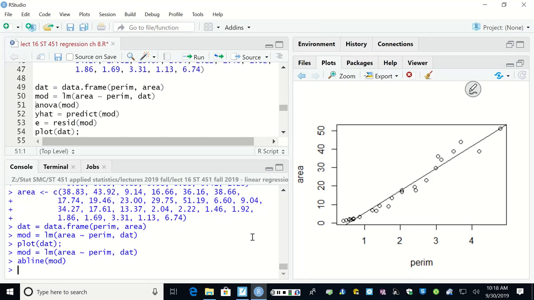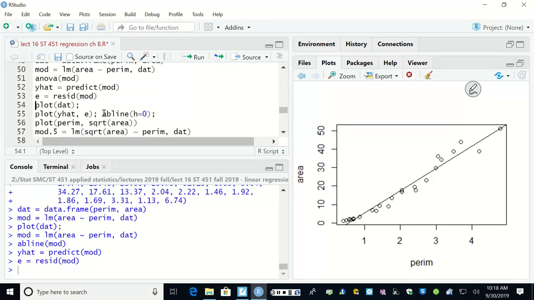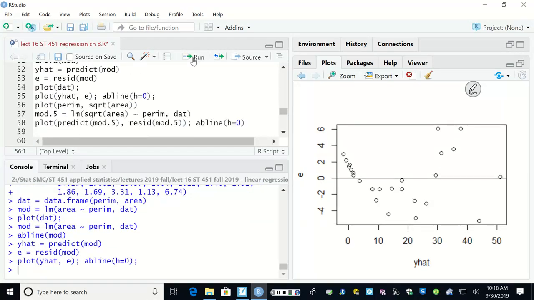So the effect of the curvature, even though it's slight, does make this kind of pattern in the residuals. Right, so if we get the predictions and the residuals and do this residual plot, you end up with this funny pattern in the residuals that pops out, much more apparent on the residual scale than it was on the original one because of that steep slope. It's hard to see that curvature.